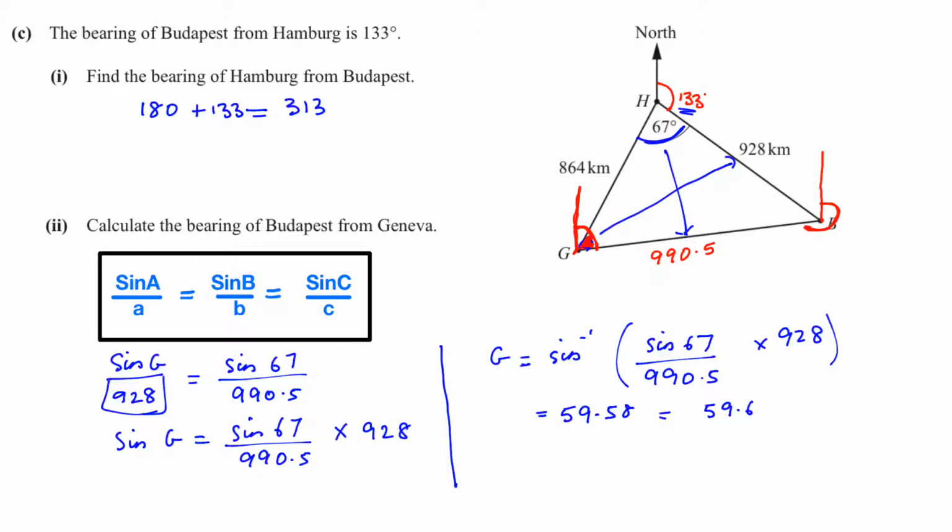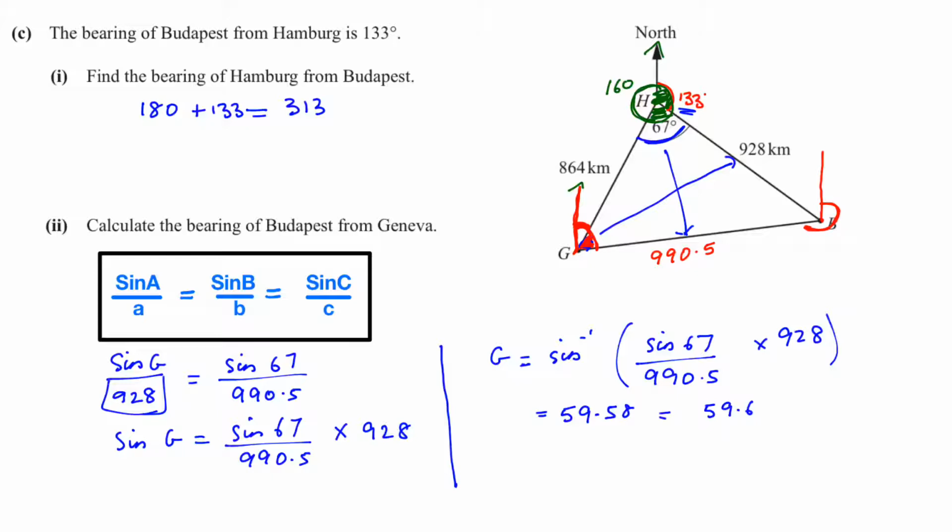You also have to find this angle. To find this angle, you know that angle at a point equals 360, so this whole thing should equal 360. You have this angle 133, you got this angle 67. To find HG, we'll subtract from 360 minus 133 minus 67. That will give us 160. And these two lines are parallel.